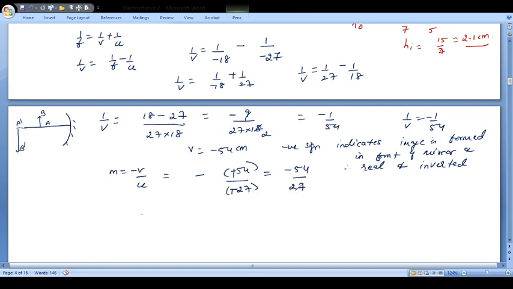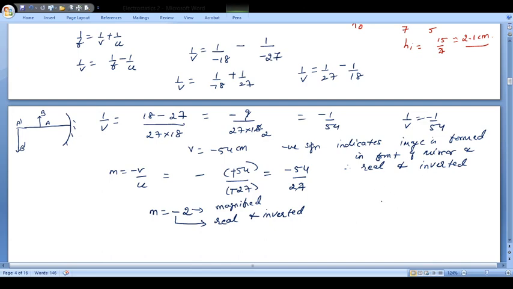So magnification is minus 2. So what does this minus indicate? That it is real and inverted. And what does this 2 indicate? That it is magnified. So what is the nature? Real, inverted and magnified, because 2 is greater than 1.